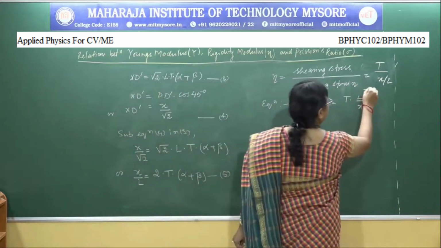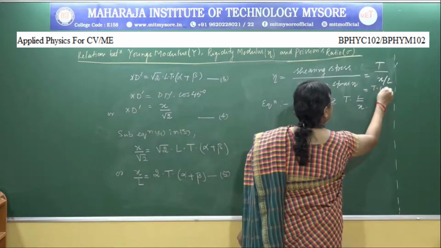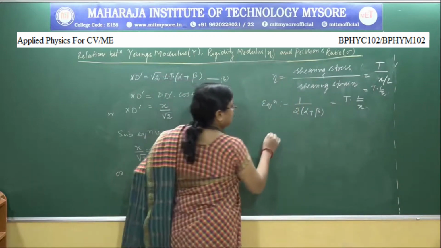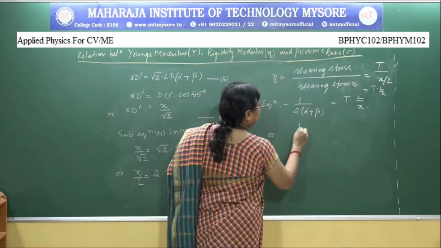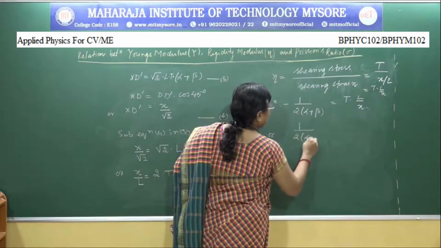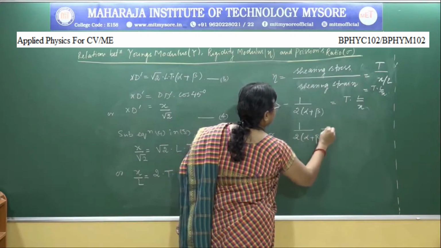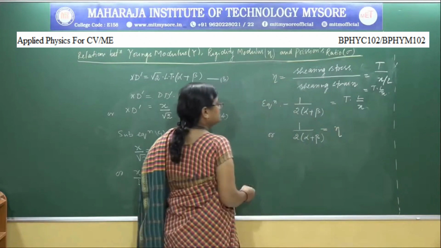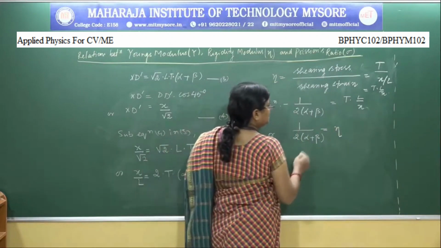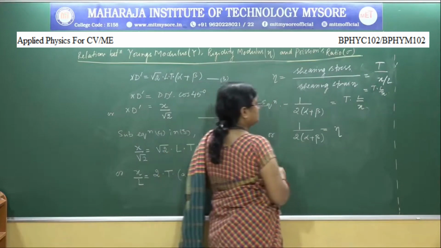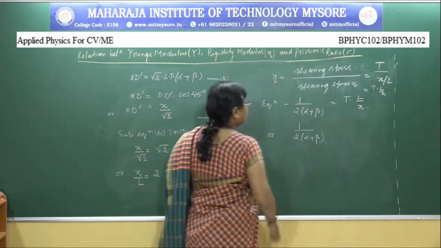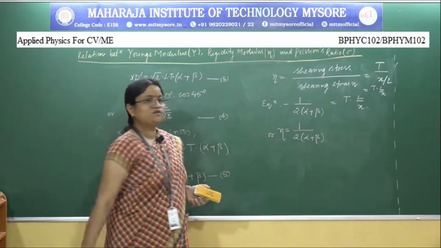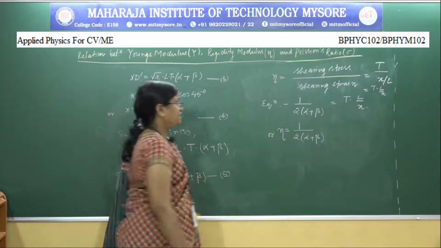The above expression can also be written as TL by x. So what we get is 1 by 2 alpha plus beta equal to the rigidity modulus, or if we interchange left and right, we can write eta is equal to 1 by 2 alpha plus beta.